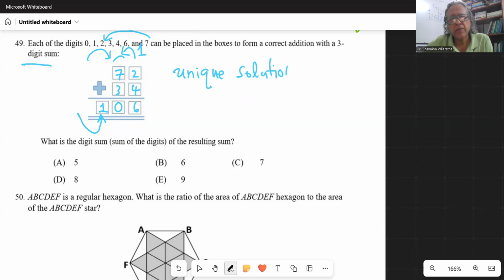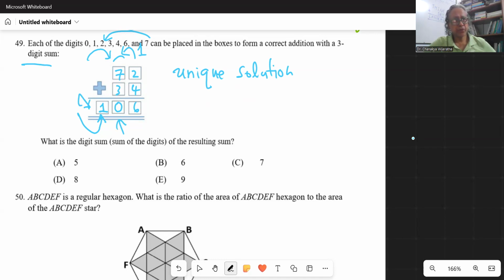Now here you can actually use logic and guess and check to find the answer very quickly. All right. So I showed you how you can logically find out that 1 is here and 0 is here. And then show that this is the unique solution.